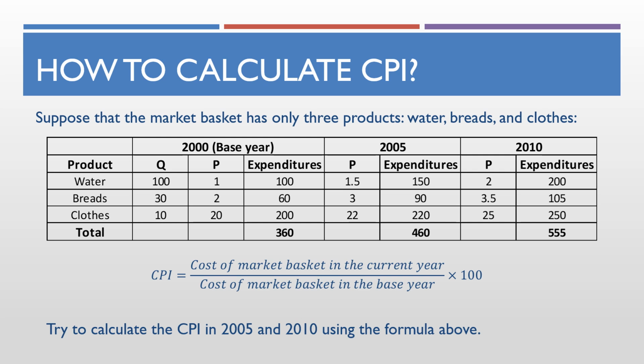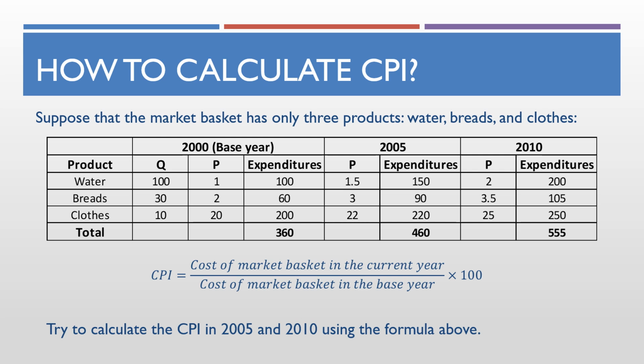So we get 360 divided by 360 equals 1, and then we multiply by 100. We get a normalized index value equal to 100. That means in this particular year, 2000, we have no price difference from the base year.